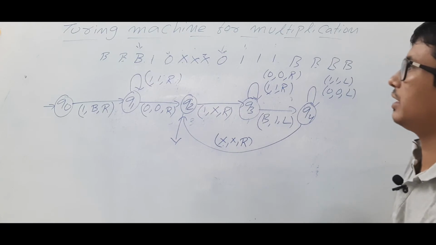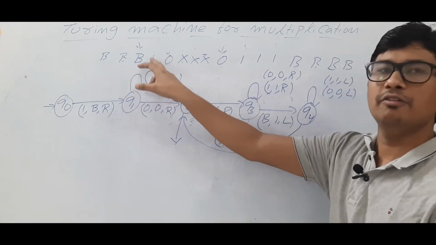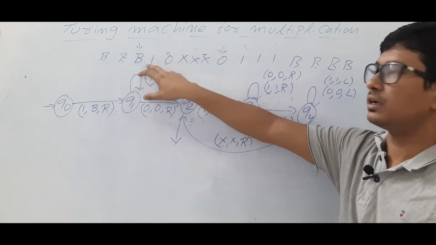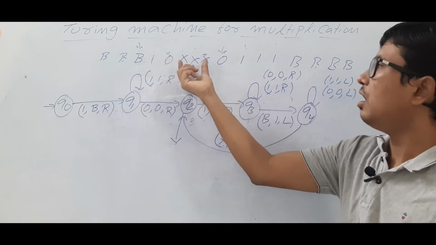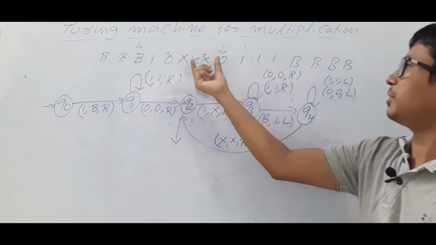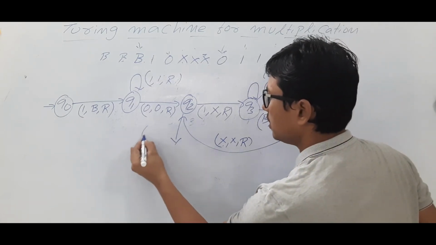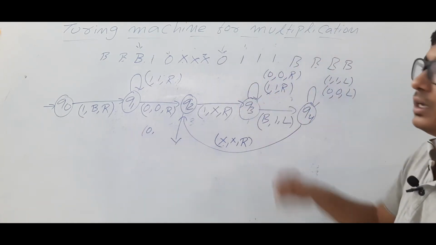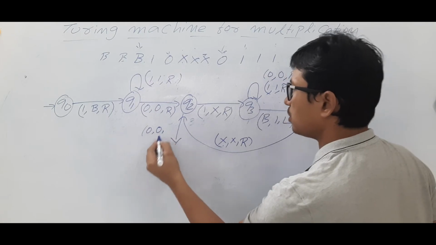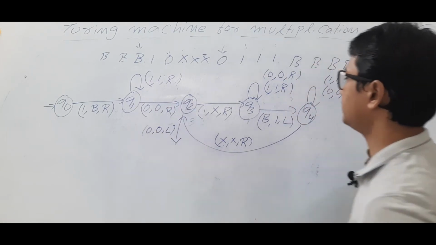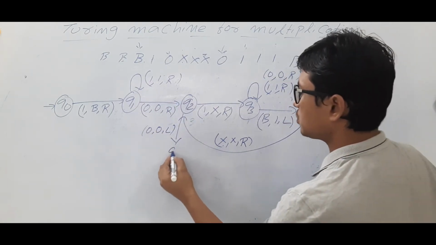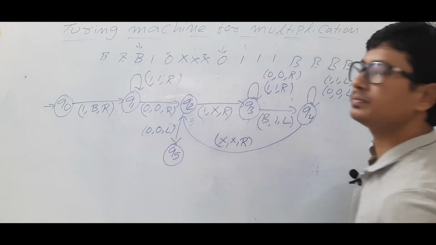These x's, again I have to go here and find if any one is there on this side, so that if I find another one, all these ones which are there here previously should be kept again. So if I find a 0 here, I will make it as 0, move to the left, and I will reach a state called Q5.